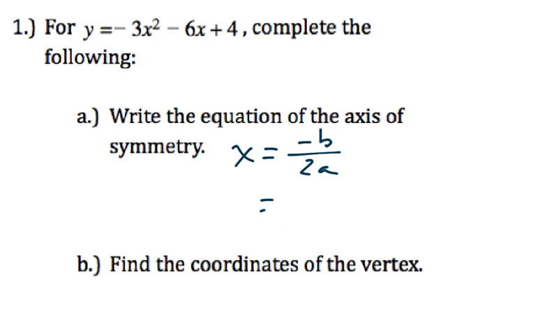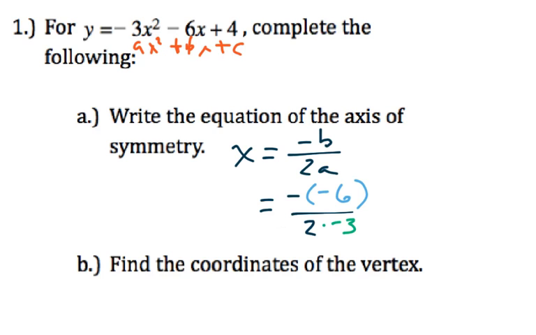So we'll take the value of b, but I'm going to write negative, and then in parentheses I'm going to write minus 6, because I know these follow the format of ax squared plus bx plus c. So that means that b is not 6, it's negative 6. So then I'll draw my fraction line, and that's going to be 2 times a, which is a negative 3.